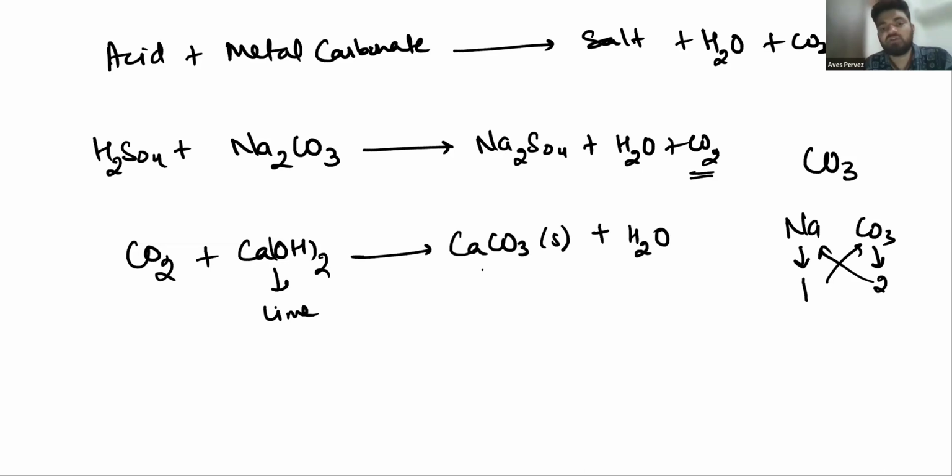So a white insoluble particle is formed, a white precipitate. A precipitate means something that is insoluble in water is formed. It gives the white color to the solution. You got it? So it turns milky. We can say that lime water turns milky when carbon dioxide is passed through it.